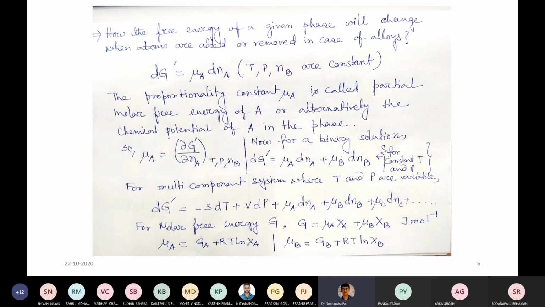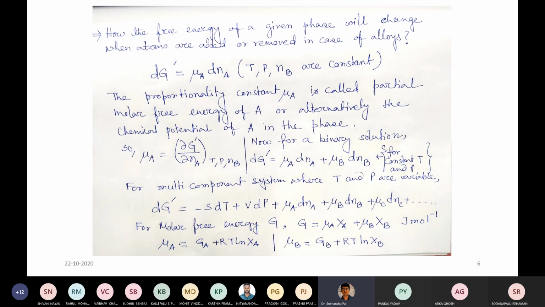If you combine that with the newly discussed equation, mu A XA plus mu B XB, then we directly get mu A equals GA plus RT ln XA and mu B equals GB plus RT ln XB.